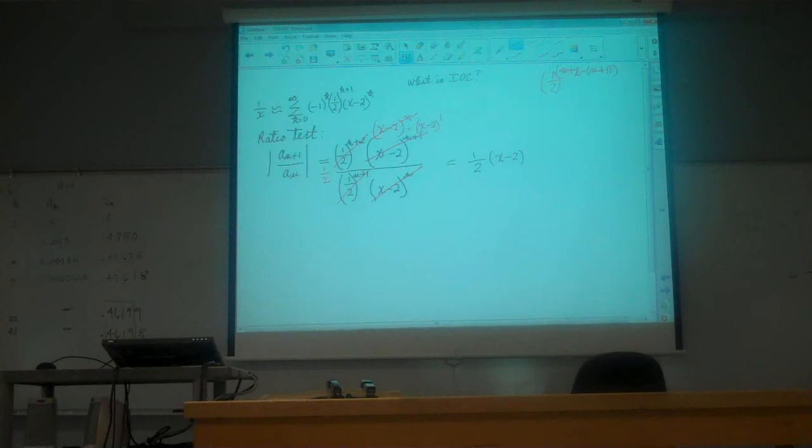And I have 1 over 1. If I take the limit as n approaches infinity of this, that is equal to 1 over 2 to the 1 over infinity power times 1/2 times x minus 2.